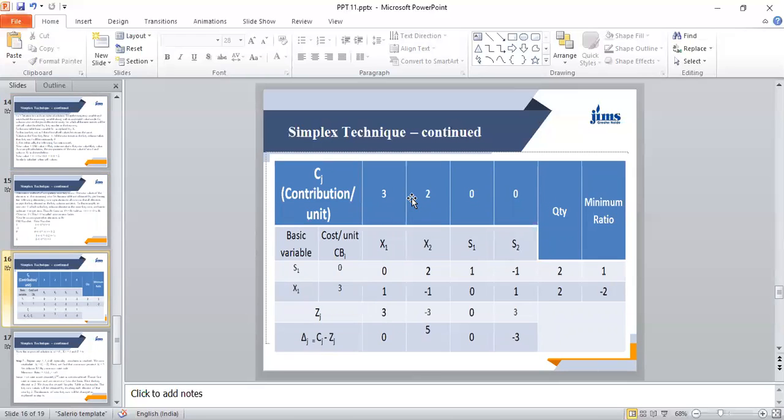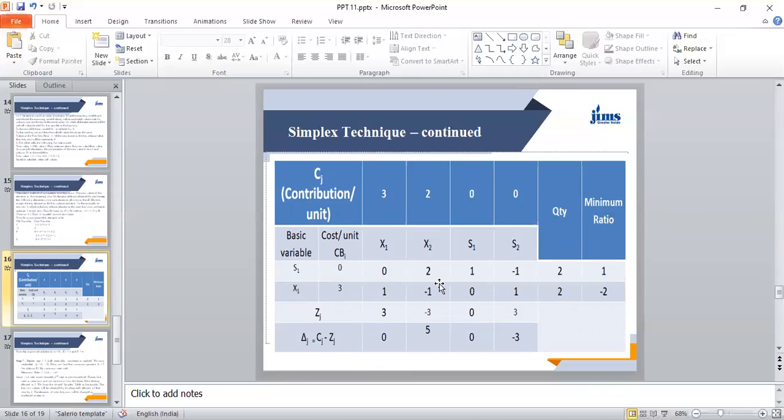So in this table, S2 was replaced by X1. X1 is the incoming variable and S2 was the outgoing variable. It has left.